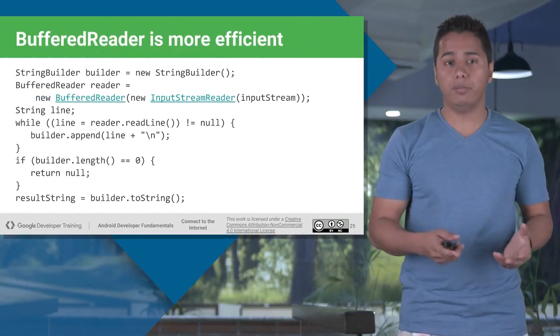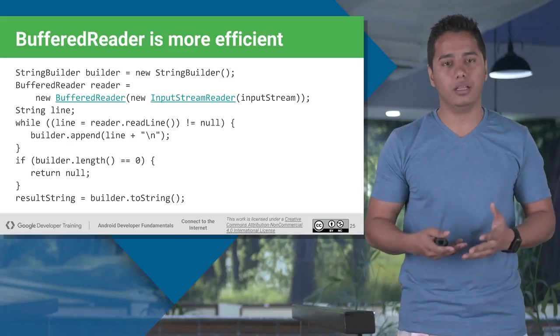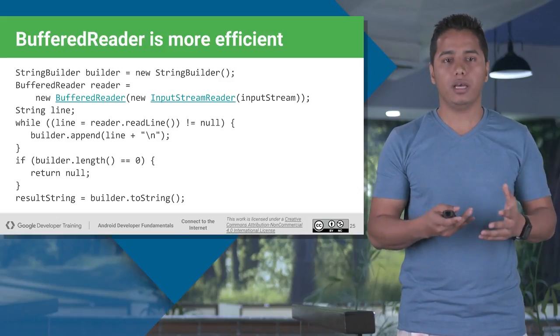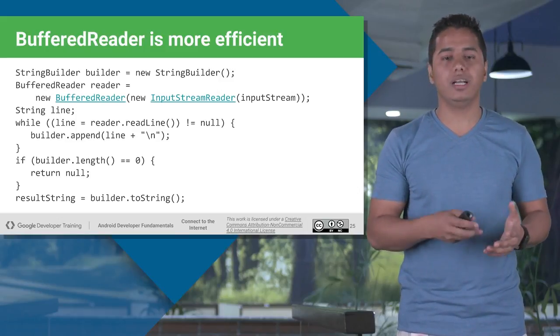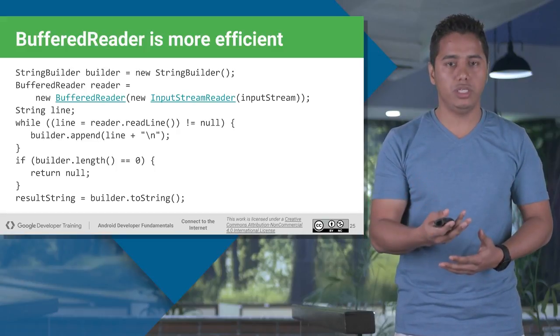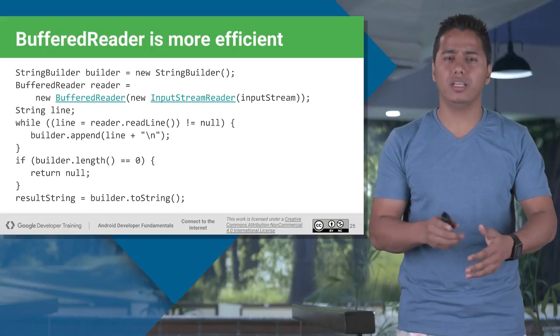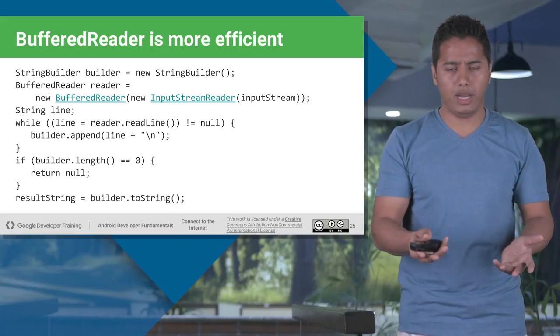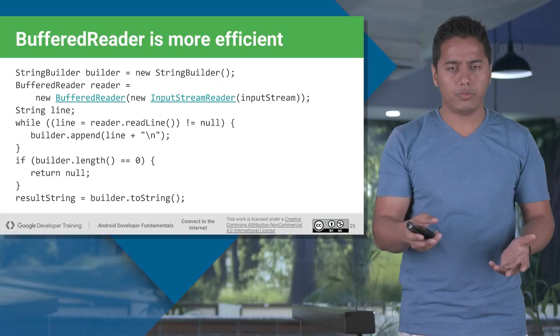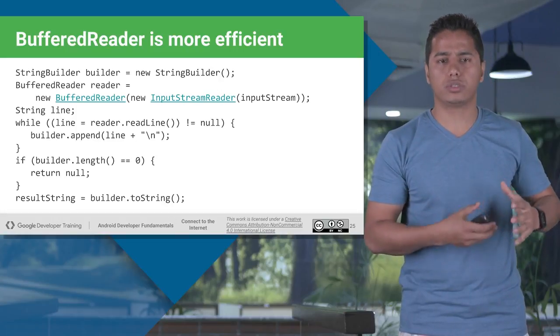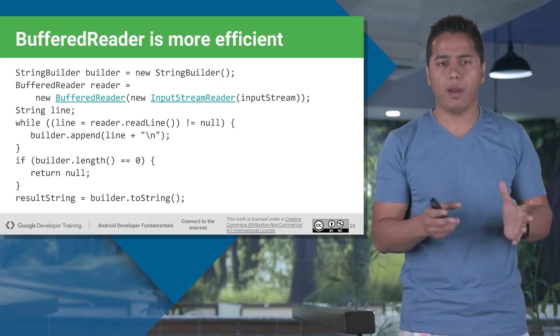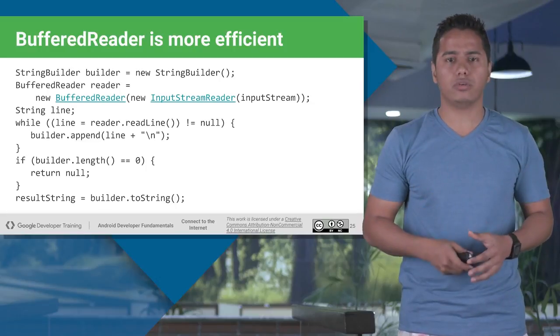Or there is an efficient way by using a BufferedReader object. Inside BufferedReader, there is an object you need to create for the InputStreamReader, and inside that you can pass your input stream, and then you can go through a while loop and read line by line, and put everything back into a StringBuilder class or a normal string, and format it and return your string back to the user.